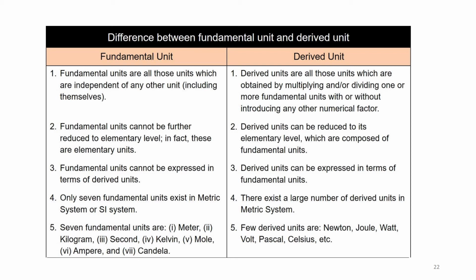Fourth point derived unit হচ্ছে there exists a large number of derived units in metric system. ফান্ডামেন্টাল ইউনিট মাত্র 7টা মেট্রিক সিস্টেম বা এসআই সিস্টেমে, কিন্তু ডেরাইভড ইউনিট হচ্ছে অনেকগুলা মেট্রিক সিস্টেমে. ফিফথ পয়েন্ট, 7 ফান্ডামেন্টাল ইউনিটস আর নাম্বার 1 মিটার, নাম্বার 2 কিলোগ্রাম, নাম্বার 3 সেকেন্ড, নাম্বার 4 কেলভিন, নাম্বার 5 মোল, নাম্বার 6 অ্যাম্পেয়ার অ্যান্ড নাম্বার 7 ক্যান্ডেলা.